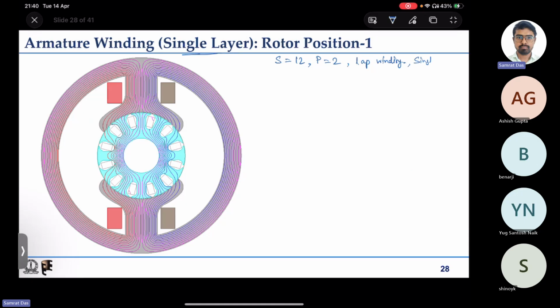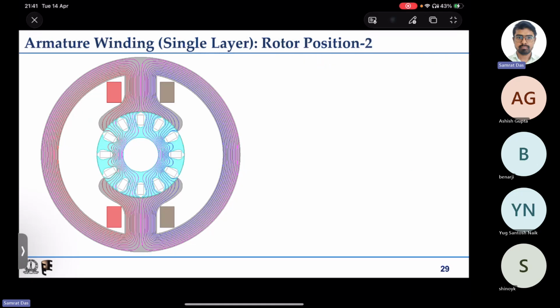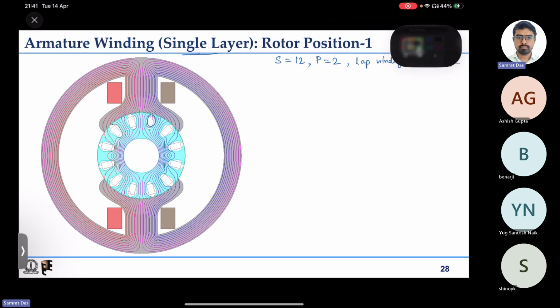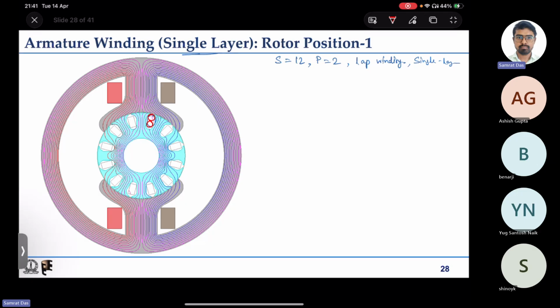What do we mean by single layer winding? Single layer means if you have one slot, then you have only one coil side in one slot. If it is double layer, then you will have two coil sides, a top coil side and a bottom coil side in the same slot. So to start with, we will start with the single layer one.